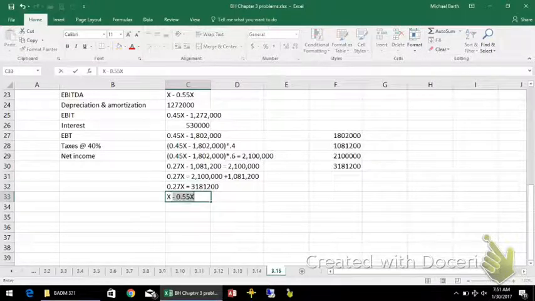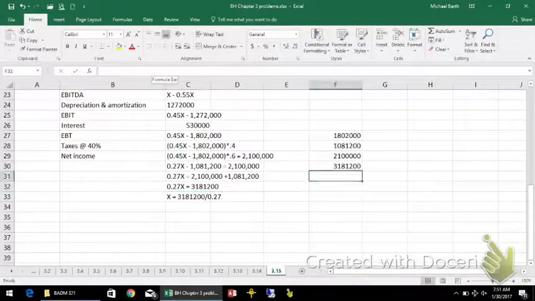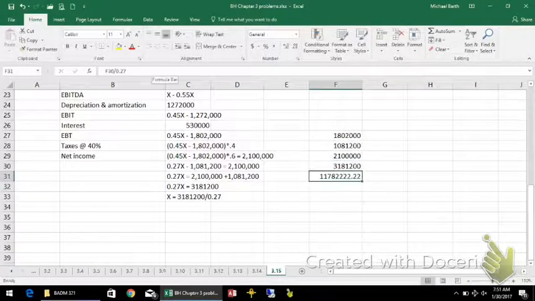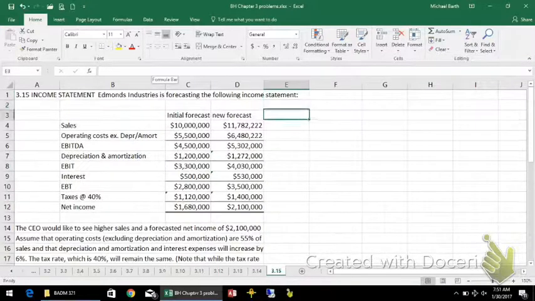So X would be equal to 3,181,200 divided by 0.27, and that gives me the same answer that I got up here.